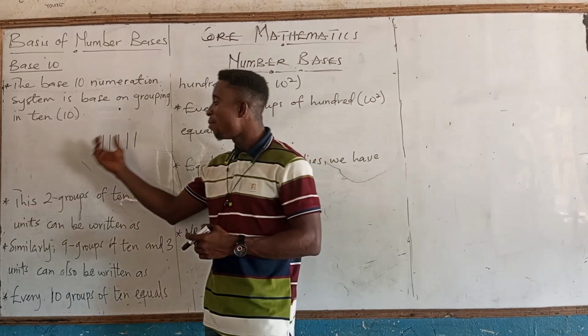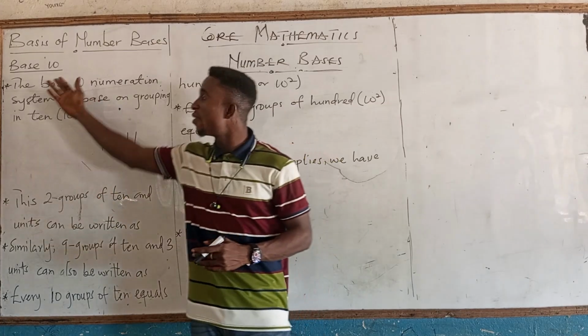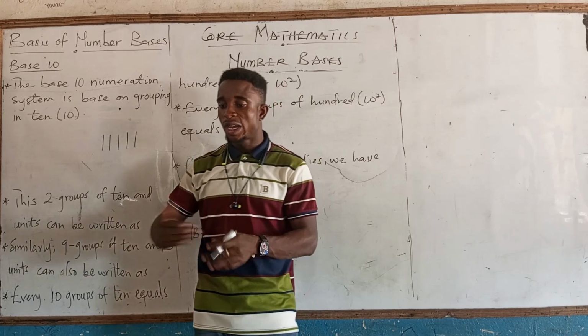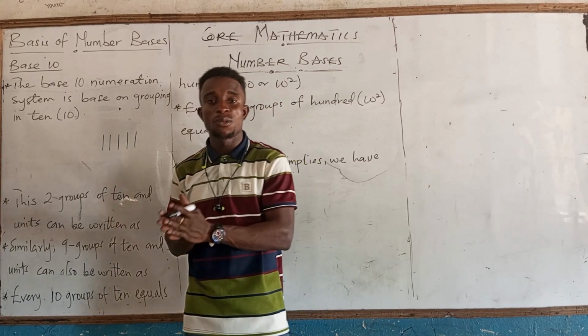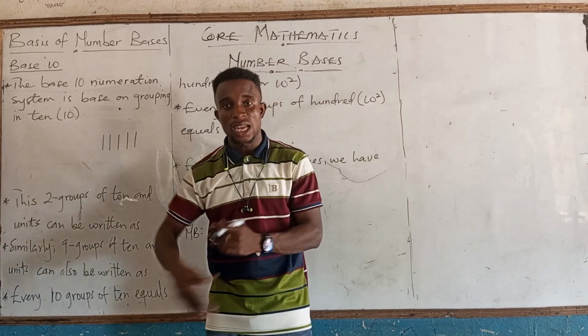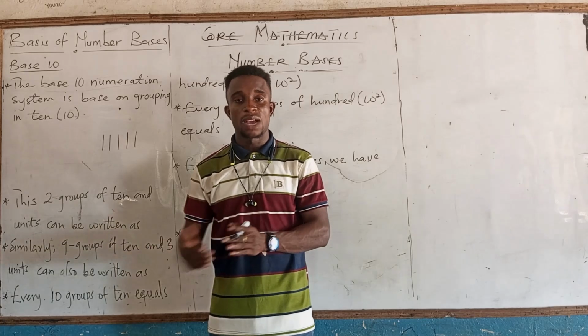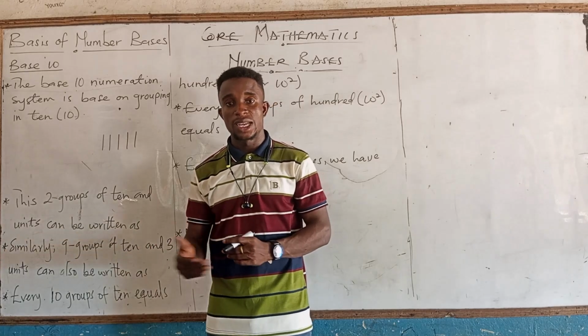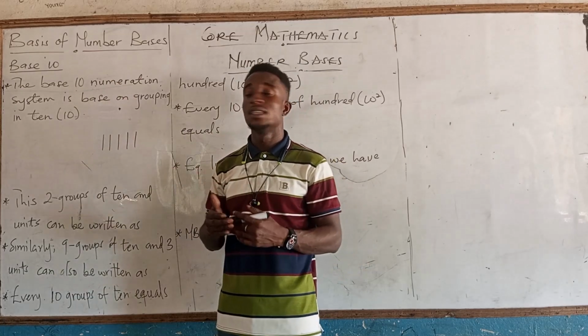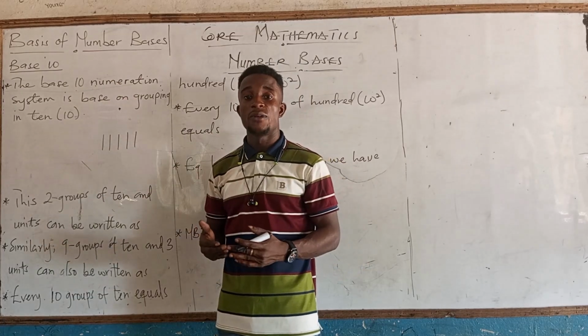But that number of things, in this case, we say that we are grouping into 10. So when we count and it gets to 10, it forms a group, that is, a bundle. Then we count another one to 10, and that one also forms a bundle. Are we getting that? So that is why we said in base 10, we are referring to grouping in 10. Are we getting that?